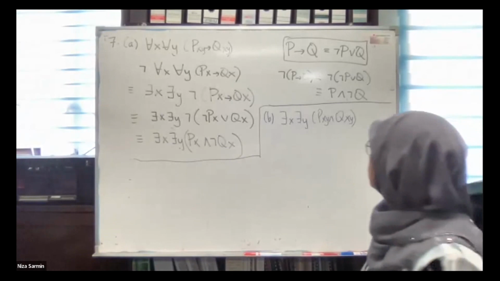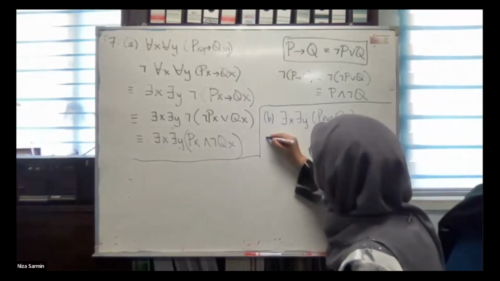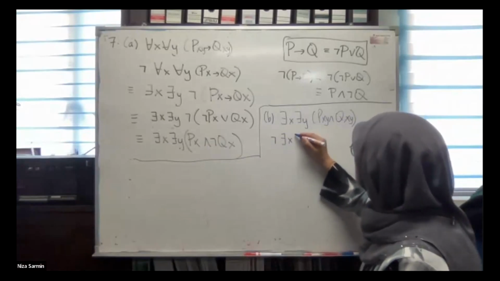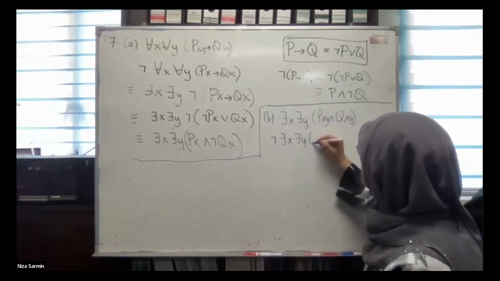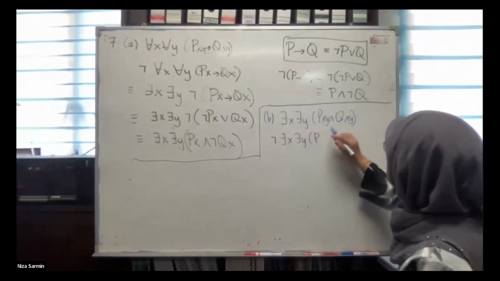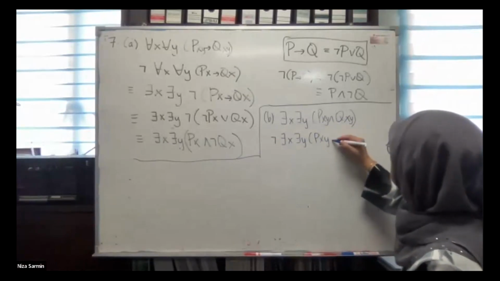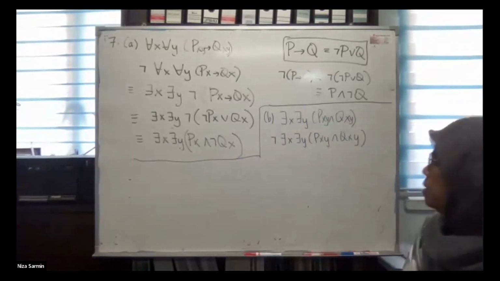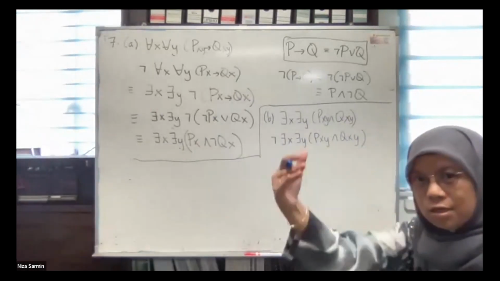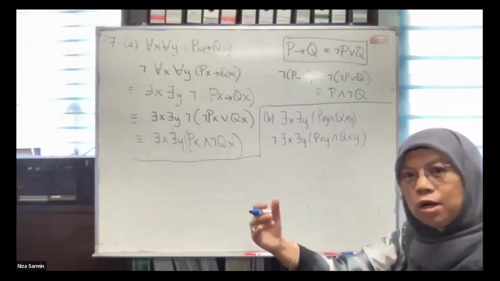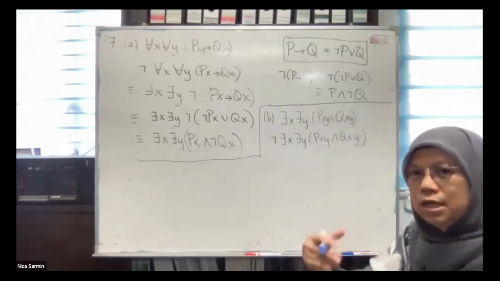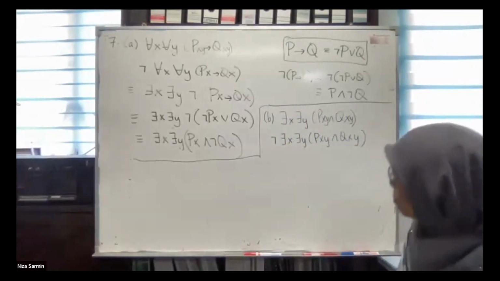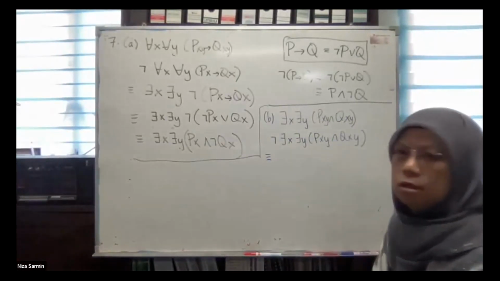Okay, now take the not. So assume this is PXY. They are not equal, yeah? That is the question. But you are asked to find the negation. Don't put equal here. This is the negation. Then you put equivalent to.